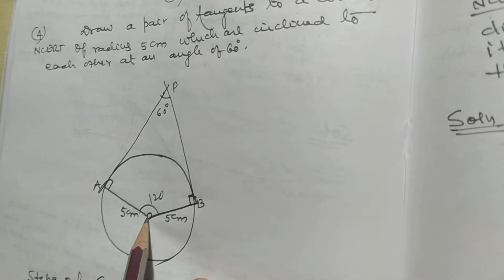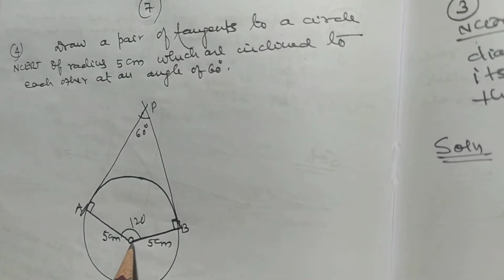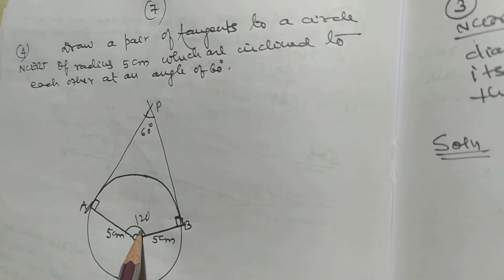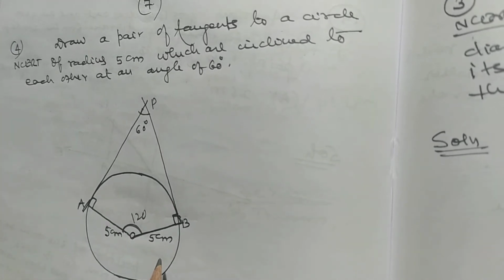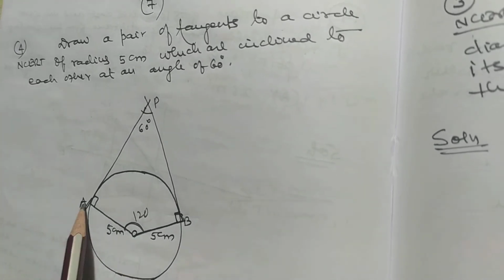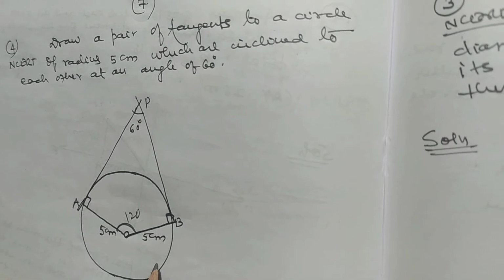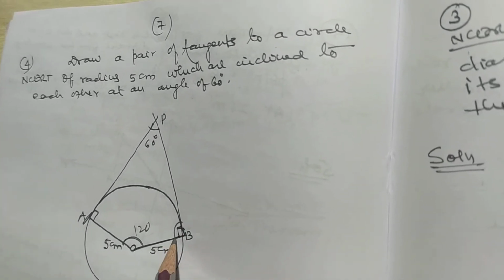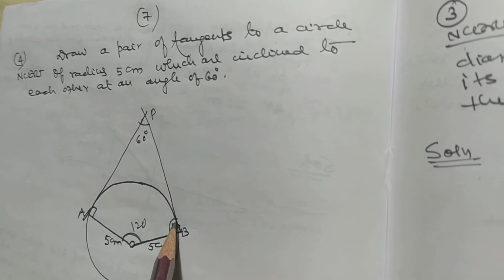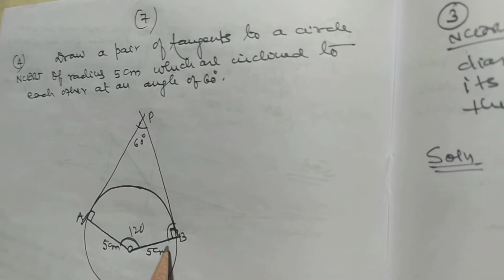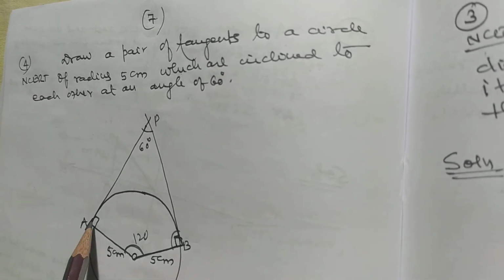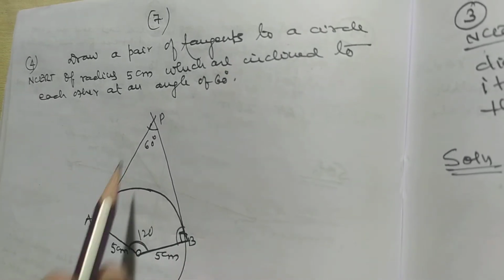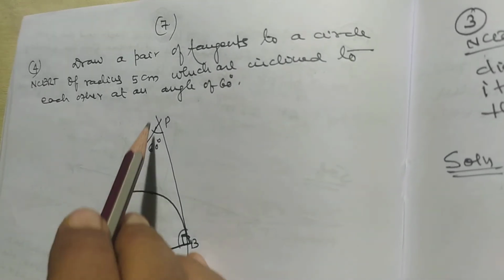Suppose we take OB, and considering OB as base, we make an angle of 120 degree and join it to the point A. Then at point B we make an angle of 90 degree, and also at point A we make an angle of 90 degree and produce it.